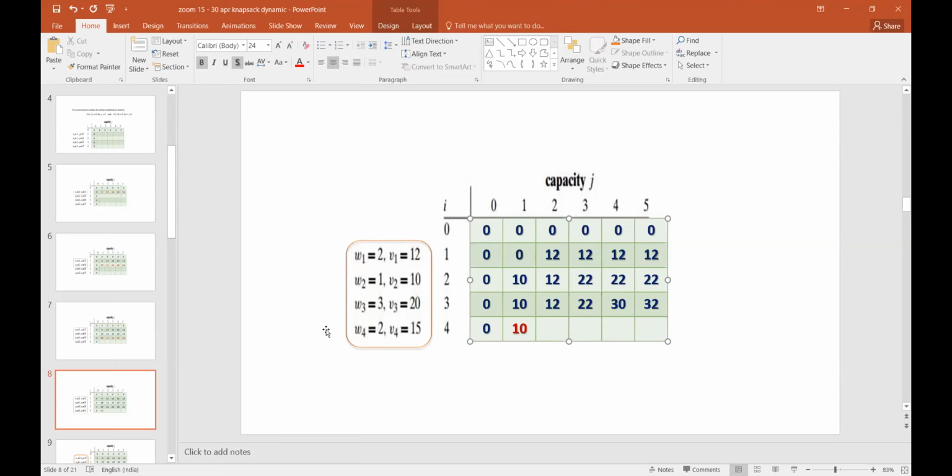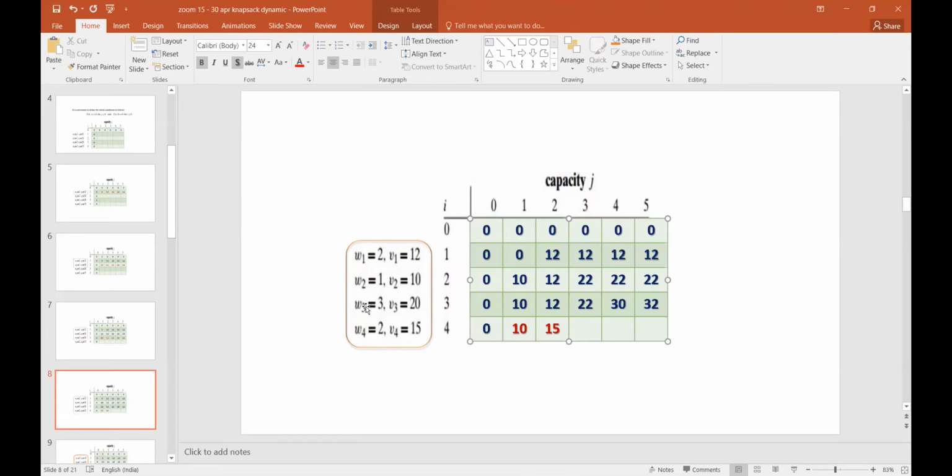But now I have object 4, which has weight 2 with profit of 15. So it is better than object 1. So instead of 12, I will write 15 here, because I got a better option. Instead of object 1 with profit 12, I can include object 4 with profit 15. Okay, then I proceed. When the capacity is 3, what shall I consider?